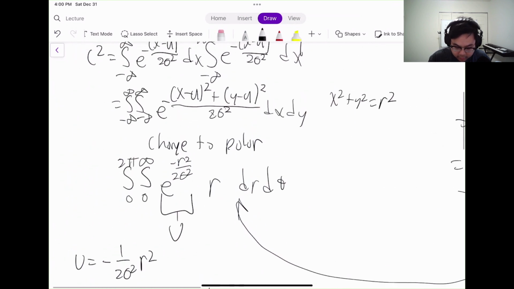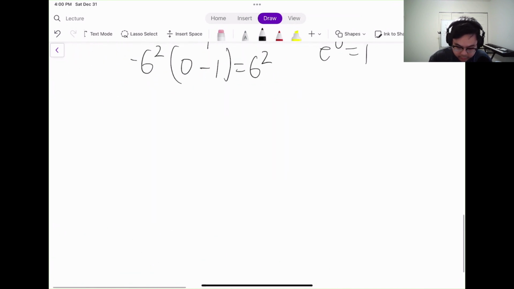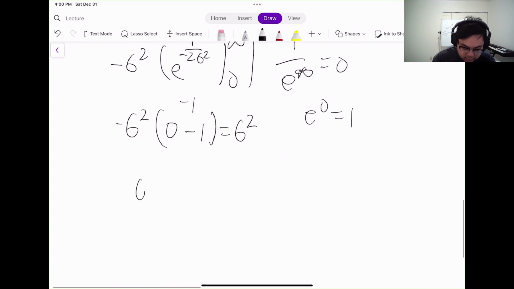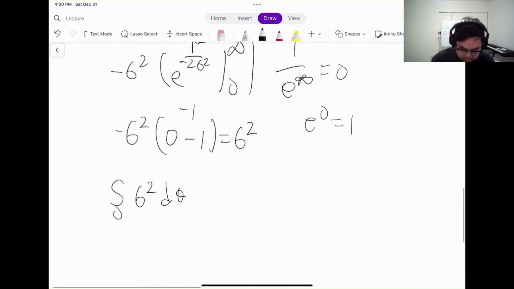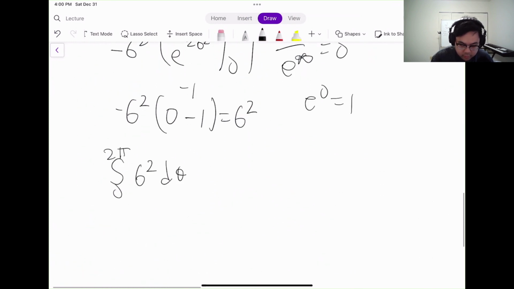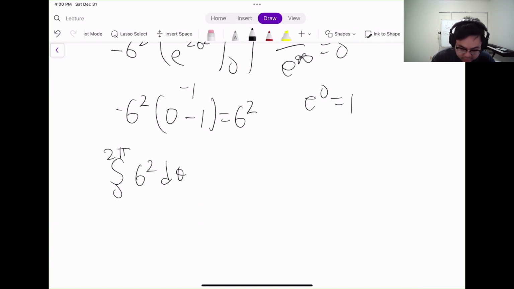So we still have the outer part, the d theta, which is pretty easy. So we've got sigma squared d theta, integral from 0 to 2 pi. What we can realize is that this is just a constant. And this is not a 6, by the way. Sorry, this looks very similar to a 6, but it's just my handwriting.